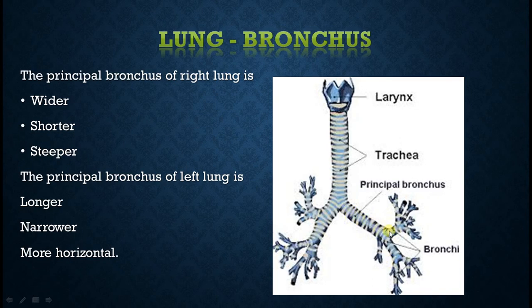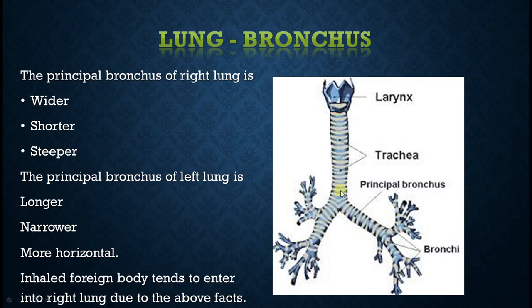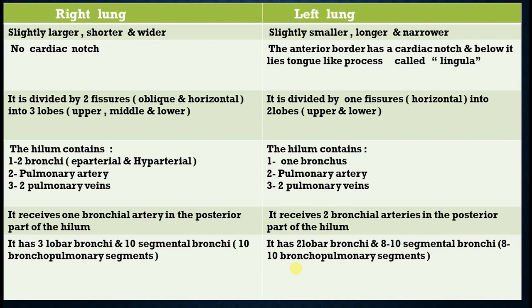The place where the trachea divides into the two principal bronchi is called the carina, C-A-R-I-N-A. Because of the shorter, steeper right principal bronchus, any inhaled foreign body tends to pass through it and get lodged in the right lung.